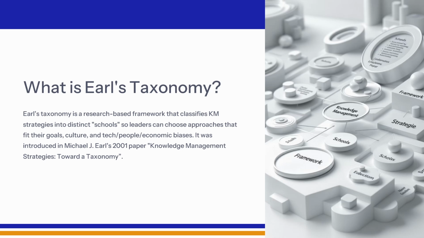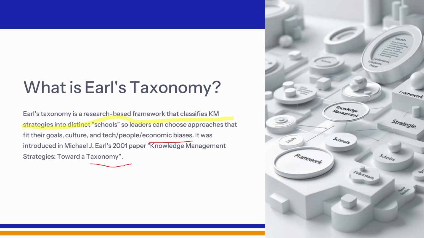Now, let's understand what is the Earl taxonomy. Earl's taxonomy is a research-based framework that classifies knowledge management strategies into distinct schools so leaders can choose approaches that fit their goals, cultures, and people economic biases. It was introduced in Mitchell J. Earl's 2001 paper Knowledge Management Strategies: Toward a Taxonomy.